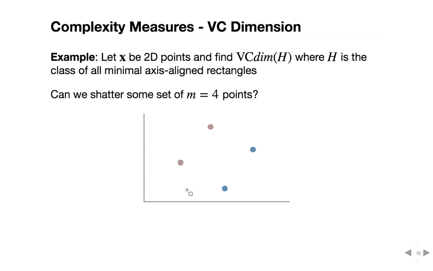Okay, and then here's another example where now these two are positive and these two are negative, and of course it's pretty easy to see that I could throw a rectangle around this like so, and that would accurately classify this set of labels. Okay, so there's 2 out of the 16, but I think you can go through and try to do the rest yourself and see that it is possible to accurately classify all of the 16 possible dichotomies.